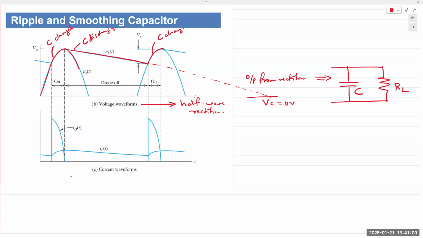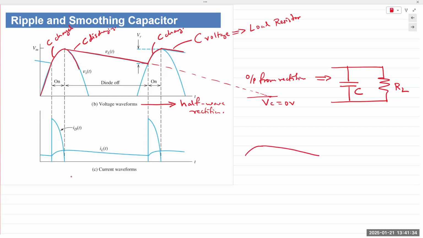So the output of the capacitor is going to the load resistor. And because the output of the capacitor looks like the rippled surface of the ocean, with ripples or waves, we call this an electrical ripple.